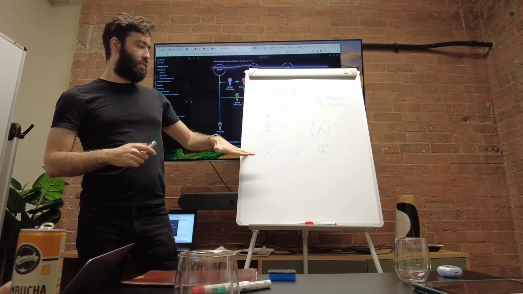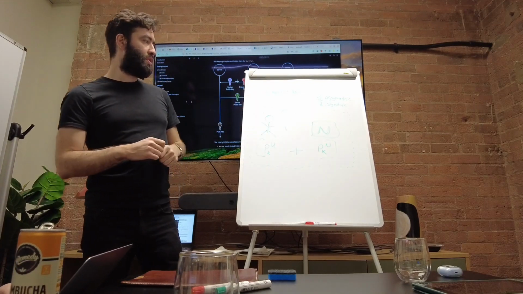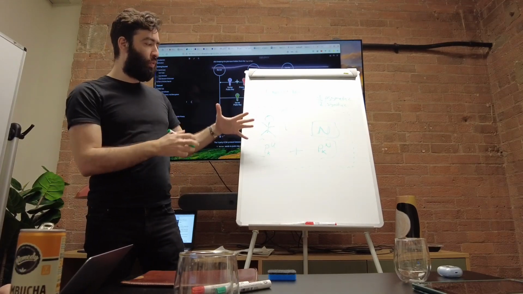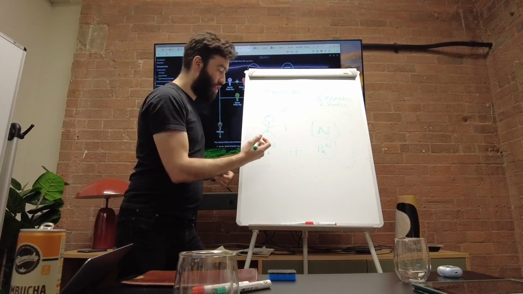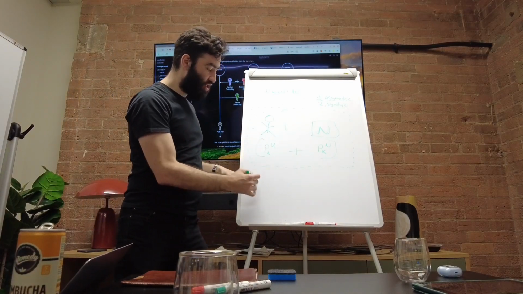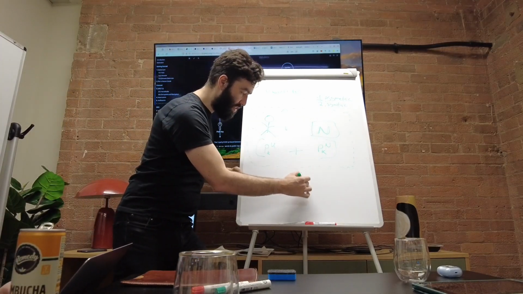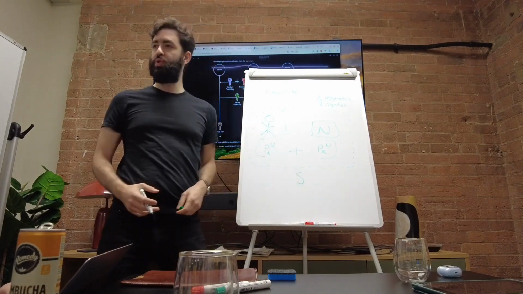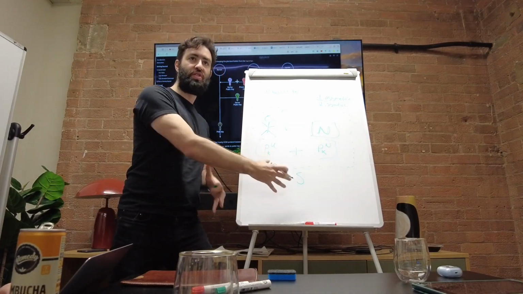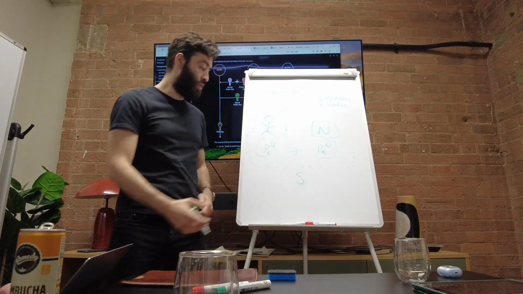The idea is that when we come to the second part, the symmetric part, what we end up with is you holding a share of this. Let's say that S is the secret encryption key that we're using.